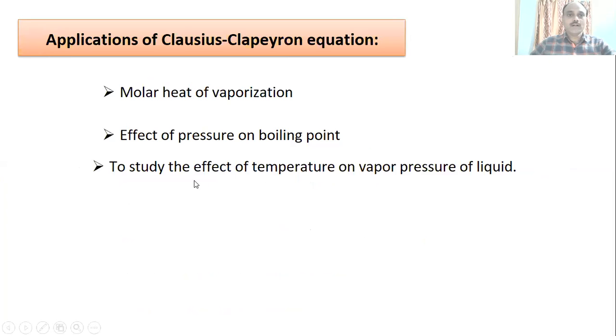Now, applications of the Clausius-Clapeyron equation: you can calculate the molar heat of vaporization from the integrated Clausius-Clapeyron equation, you can also calculate the effect of pressure on boiling point, and study the effect of temperature on the vapor pressure of a liquid.